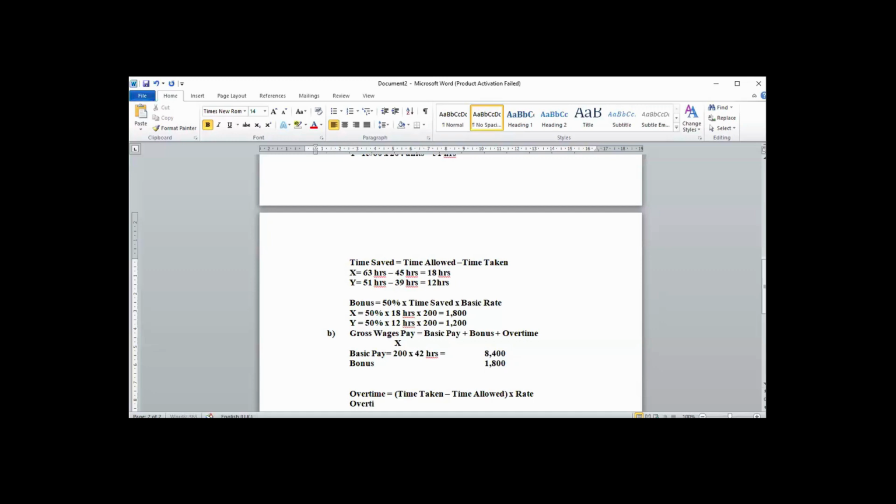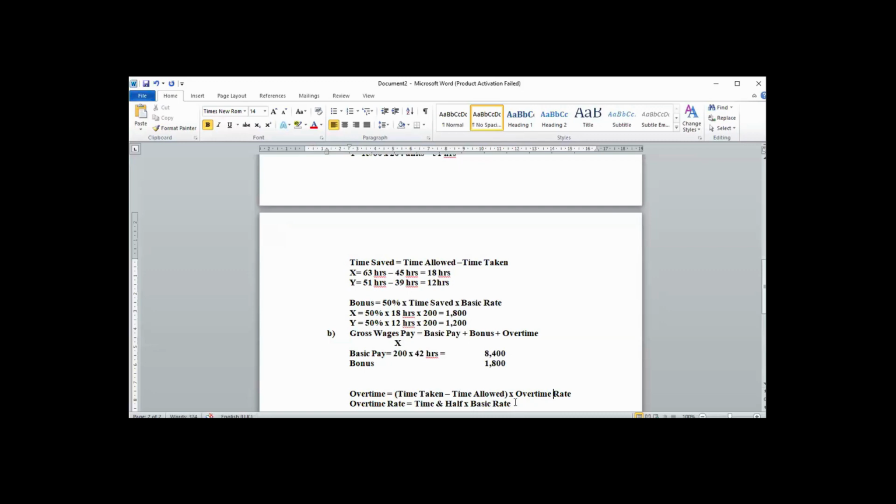Overtime rate is equal to time and a half, times basic rate. Can you see the formula stated for you? This one is the overtime rate, not the ordinary rate. They are not the same as your normal rate.